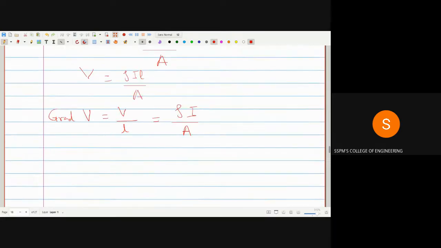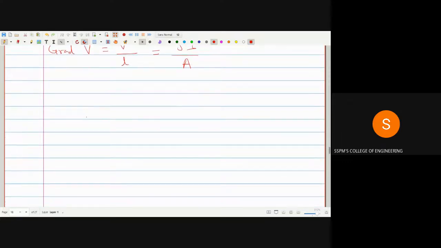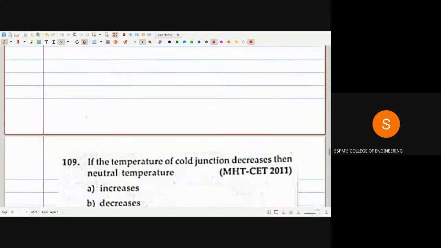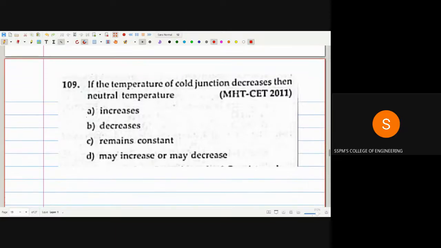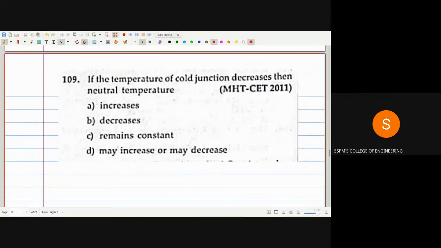Next example. If the temperature of cold junction decreases, then neutral temperature. See, what is this about? This example is related to thermocouple. You know thermocouple. Thermocouple converts the thermal energy into electrical energy.